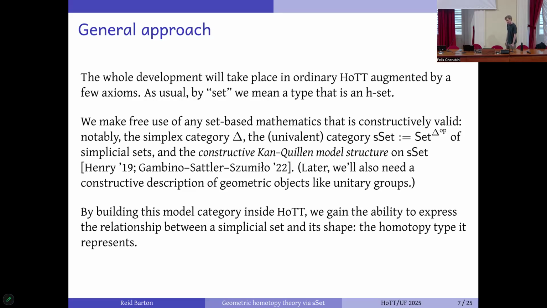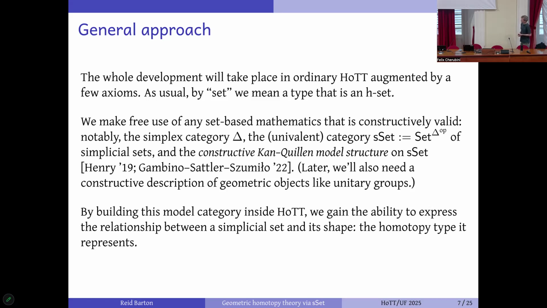And well, since we're doing the mathematics of zero-truncated types, we already know a lot about it. It's just constructive mathematics that's set-based. And I'm not going to hold back from using any theorem that I know how to prove in that context. So for example, simplicial sets. I know how to write down the definition of a simplicial set. There are no coherence problems involved in that because everything is set level.